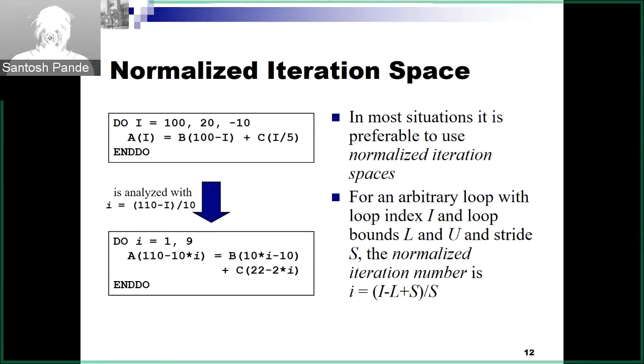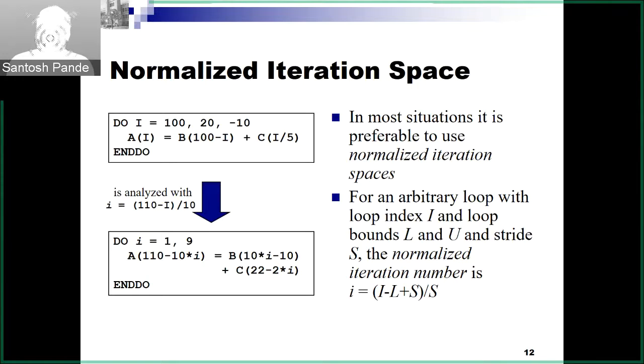You can see that if that loop was going from I is equal to 100, you can verify that in this case, if you put small I is equal to 1, then A of 100 is the reference in terms of A. Similarly, you can check the B and C, and the transformation in general is fairly simple. So it preserves the original access order in the data space and generates the values accordingly.